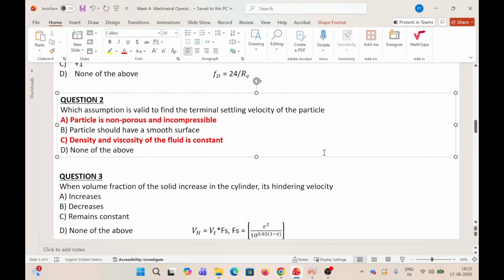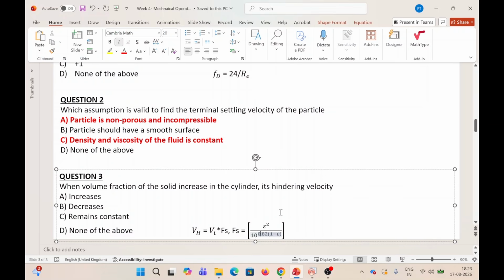So now based on this, tell me whether, if you increase the volume fraction, the value of VH is going to decrease or increase. Sorry, this should be 1.8.